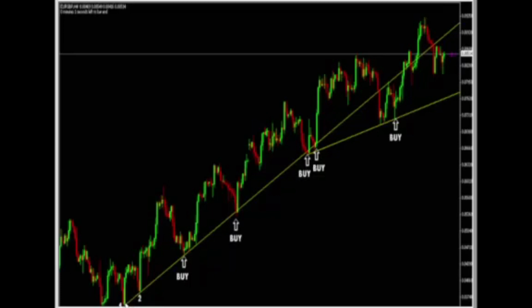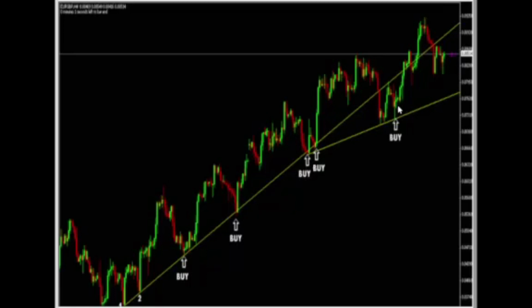So you make your drawing from this level here and then with this, and when the chart comes to touch the trend line the third time, the third touch is used for entry, and then the fourth touch is used for entry, the fifth, the sixth, the seventh, the eighth, all these are used for entry.